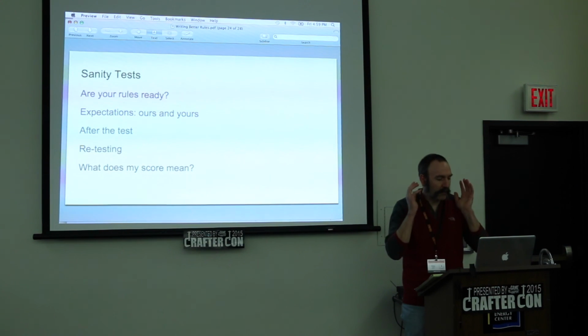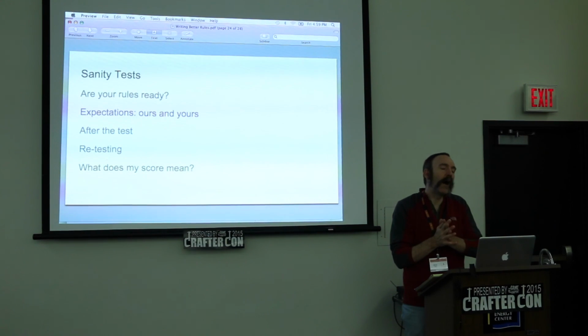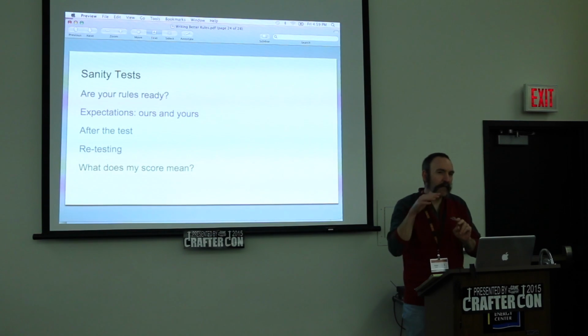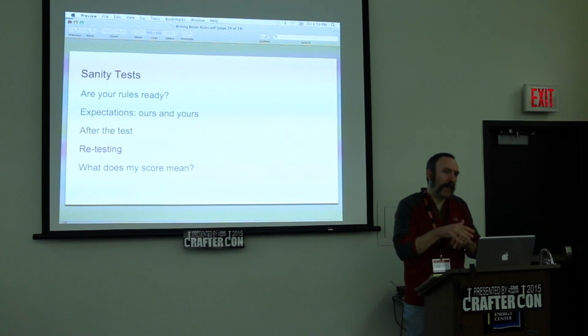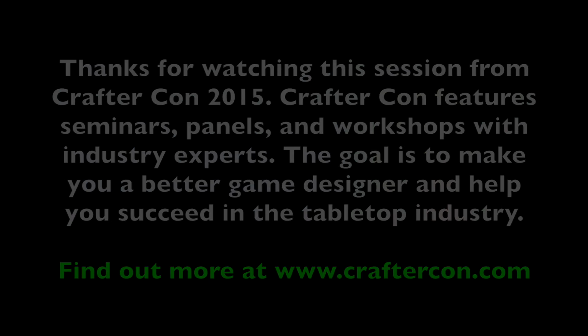And the score is subdivided into a whole bunch of different things. The median score for a good rule set is 72 to 77. So anything above that, you're in good shape. Anything below that, your rules need a decent amount of work.